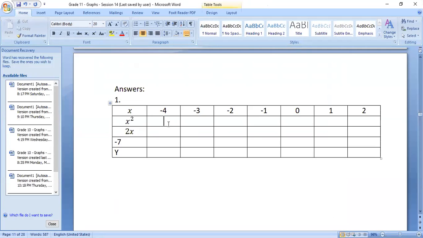X value is -4. -4 squared is 16. Here 9, 4, 1, 0, 1. Then you have to take the value of 2x. That means you have to multiply this value by +2. When you multiply it by +2, you will get these values.